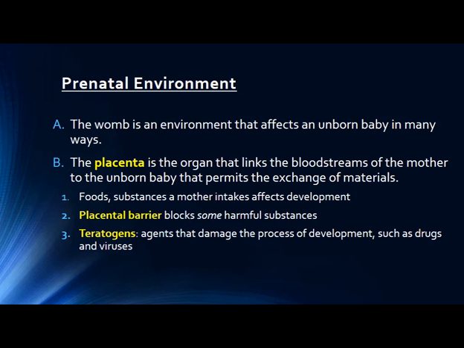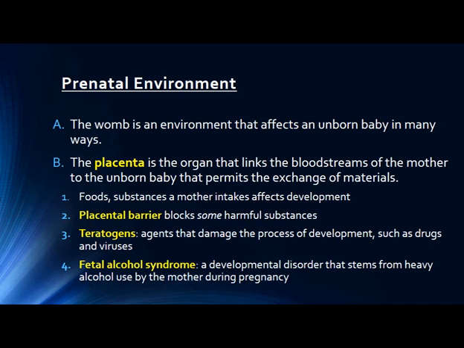Some of the worst teratogens are things like thalidomide. Thalidomide was a drug used back in the 60s and 70s, and kids were born with some pretty significant deformities. Most significant, we talked about those, of course, is fetal alcohol syndrome, which is a developmental disorder that stems from heavy alcohol use by the mother during pregnancy. A relatively recent discovery, in the 70s.